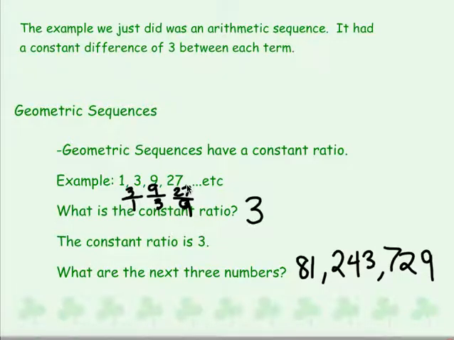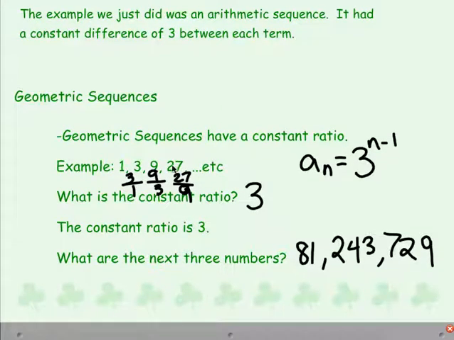And they actually are. We'll look at the formal equation in just a minute. This one ends up saying a sub n is equal to the ratio to the n minus 1 power. We'll look at how we get that in just a moment, but just know when we have this repeated multiplication, we actually use exponents to show the formula.